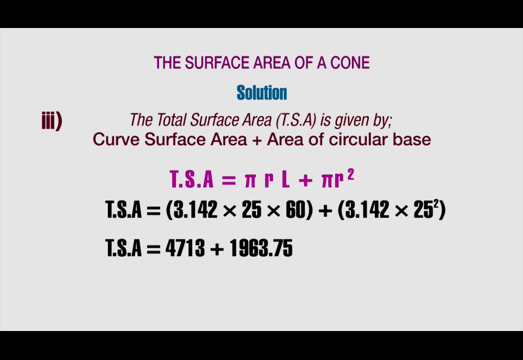Simplifying, you have 4713 plus 1963.75, which gives us a total surface area of 6,676.75 centimeters squared. That's very easy.